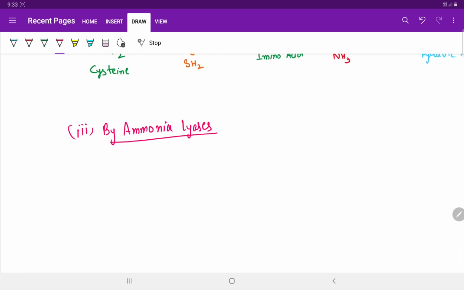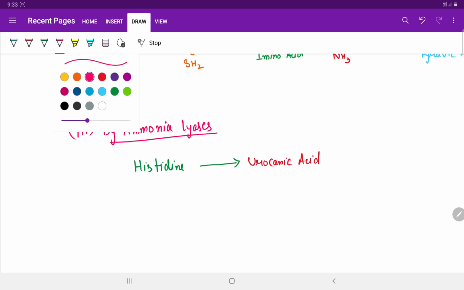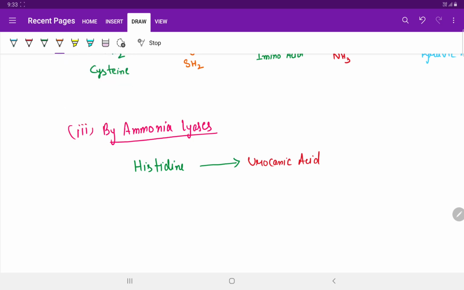In this, a molecule of histidine is subjected to formation of urocanic acid by histidase enzyme and ammonia is removed out.